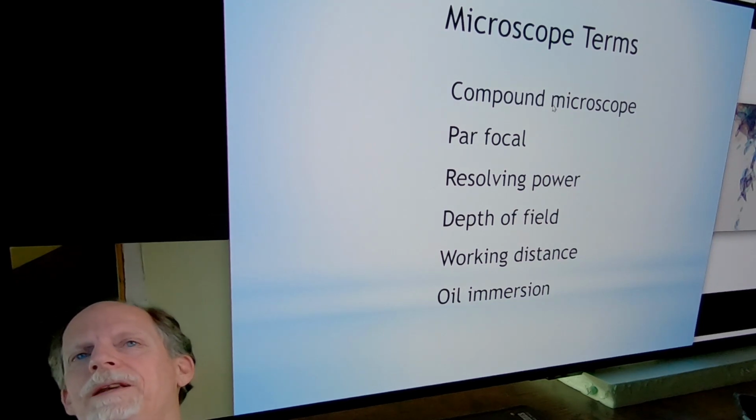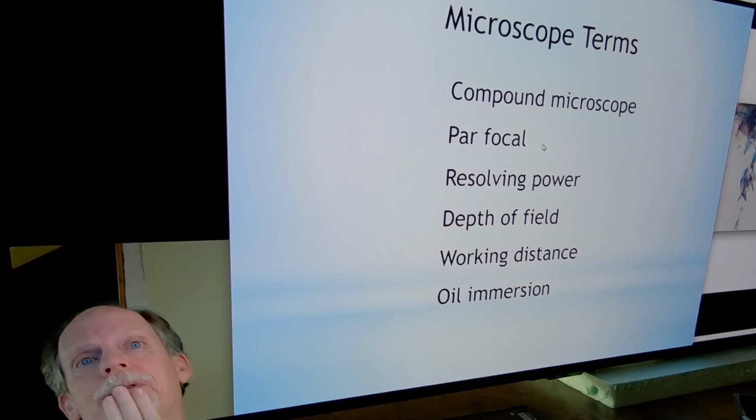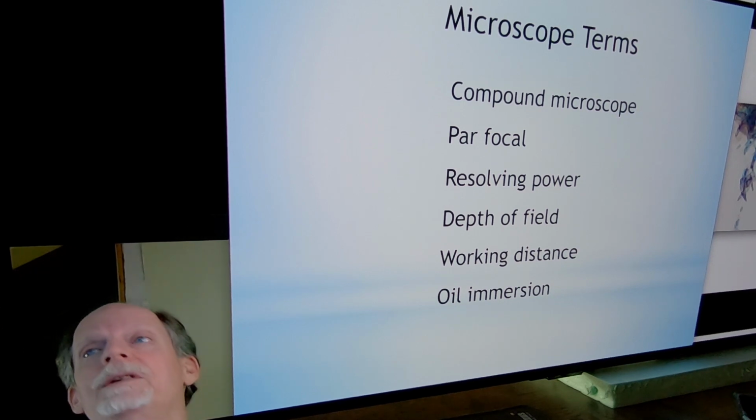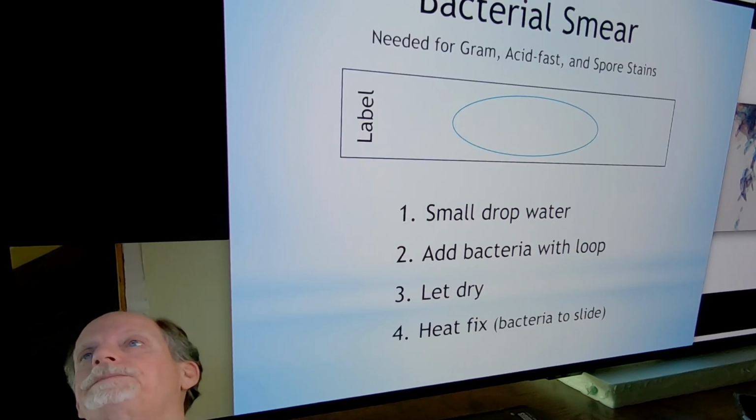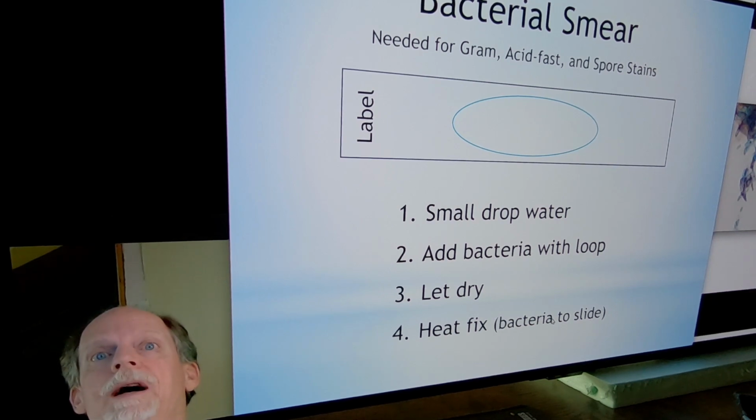Then you might get a question or two about what a compound microscope is, or what parfocal means. You might see the definition. I think on one of my quizzes, I had the definition of resolving power and working distance. So be familiar with those terms and what they mean, because one of these might be the correct answer. When you heat fix a smear, it's to attach the bacteria to a slide.